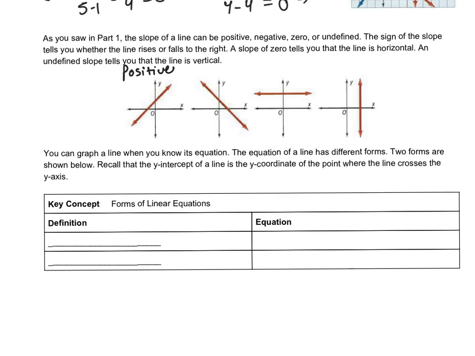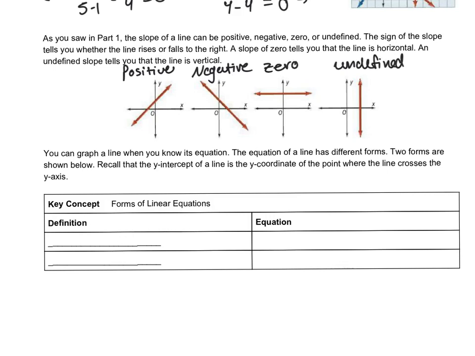As our x values increase, our y values increase. And the next one is negative because as our x values increase, our y values decrease. And when we have a horizontal line, our slope is 0. And when we have a vertical line, our slope is undefined.